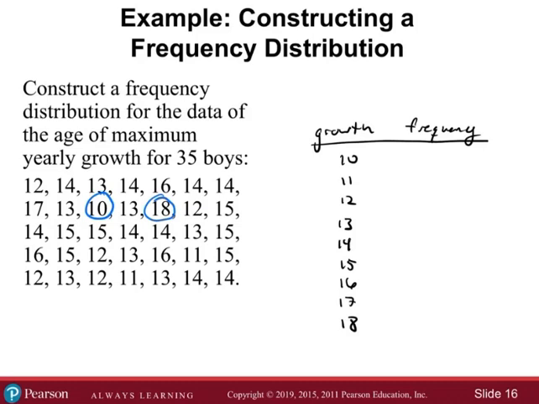Okay. So we have a 12. This should be okay. Okay. So I'm just going to cross that off so we don't count it twice. 14, 13, 14, 16, 14, two more 14s.